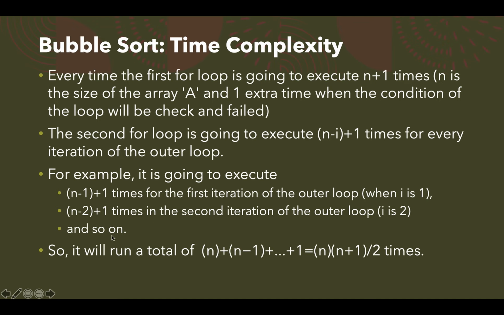So you can see that it is going to execute n minus 1 plus 1 times, then n minus 2 plus 1 times, right? When i is 1 and i is 2 respectively, and so on. So it will again turn into the summation series n plus n minus 1 plus etc. up to 1, and you will get the time complexity as big O of n square.